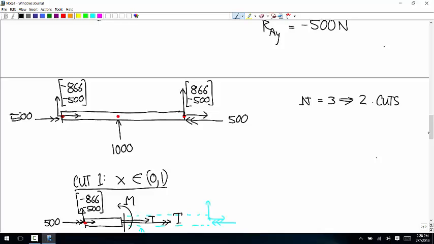But remember that even though our cut is going to be valid for x's between 1 and 2, our isolated piece is still going to start all the way to the left end. Okay, so our isolated piece is going to go all the way from the left end to some x value, and that x value is between 1 and 2.